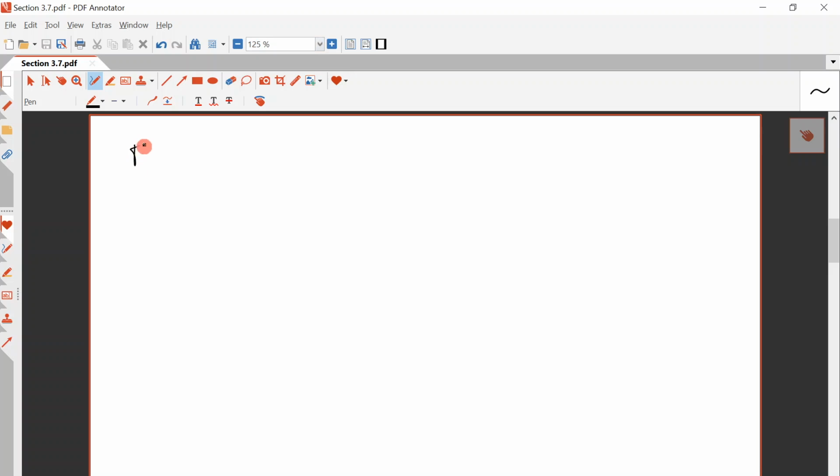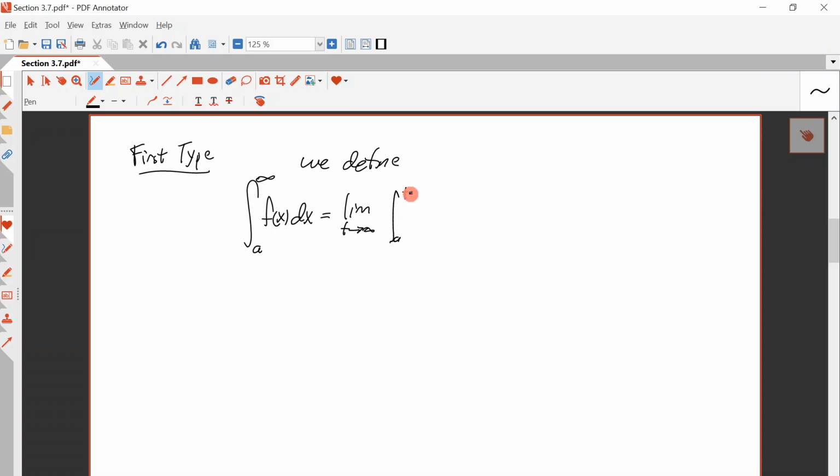So first type. Okay, the integral from a to infinity f(x) dx is defined to be, so we define the integral from a to infinity equal to the limit as t approaches infinity of the integral from a to t.